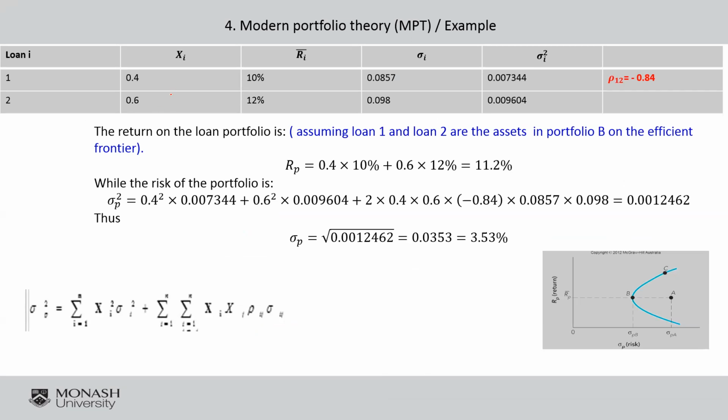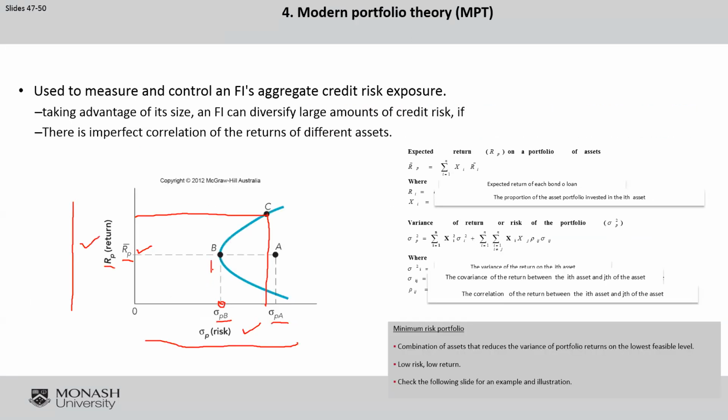You can have so many portfolios, and you want to put them in what we call the investment frontier, and you want to choose this point, which means the least risk, and you will check how much its return is.